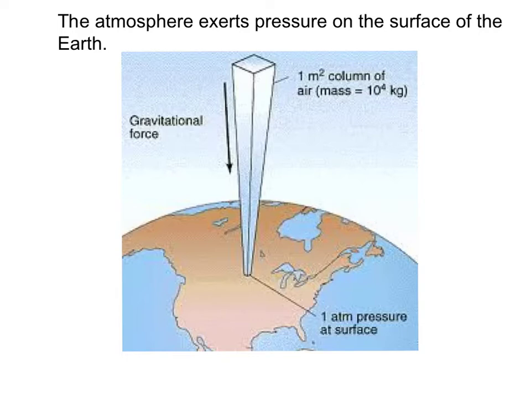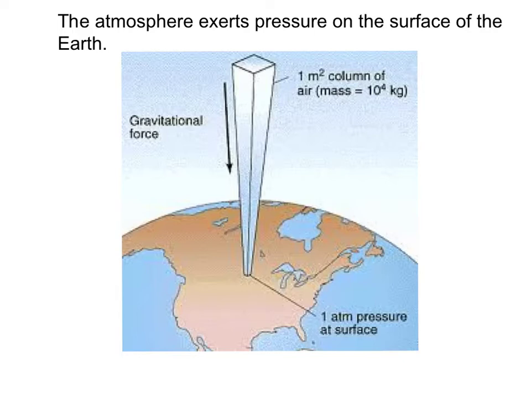Now, believe it or not, the atmosphere, the air around us, exerts pressure upon the surface of the earth. There is constantly pressure of the atmosphere pushing down upon you. It's been around you every moment of your life. You don't really realize it because you're always surrounded by a fairly similar amount of atmospheric pressure. There are little fluctuations in the pressure, but it maintains a fairly constant amount.